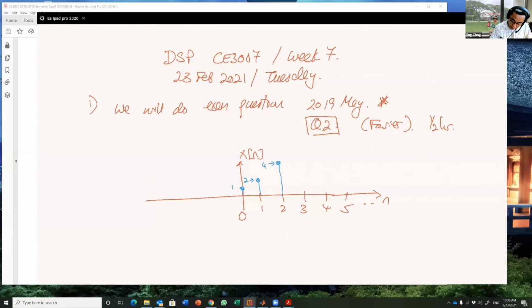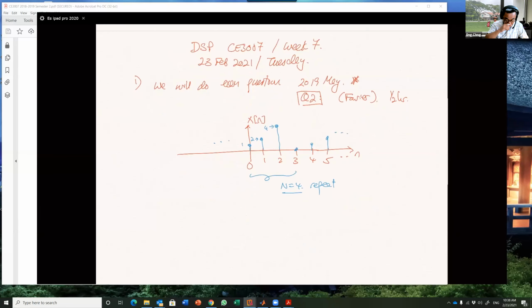This is 4. And then x3 is 0. And then we repeat, and so on. So we see that this is a repeating sequence, and n equals 4 is the fundamental period, because x of n is always equal to x of n plus 4.